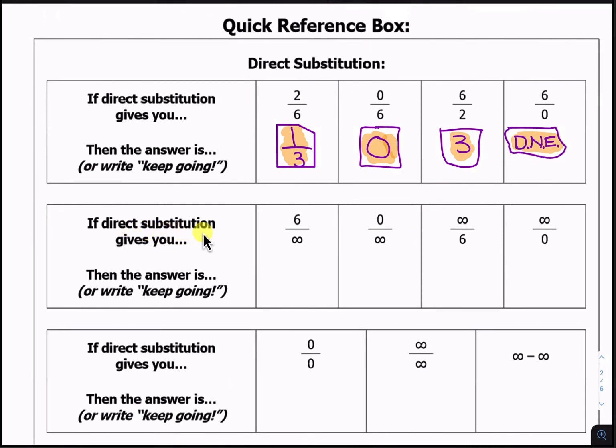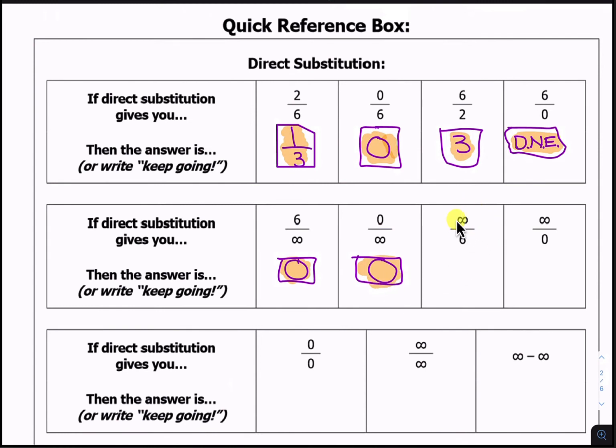If direct substitution gives us 6 divided by infinity, well, we know when the denominator grows big, but the numerator doesn't, then the overall fraction will approach 0. Same thing for the next one. If we have 0 on the top and the denominator grows big, the whole fraction goes towards 0.